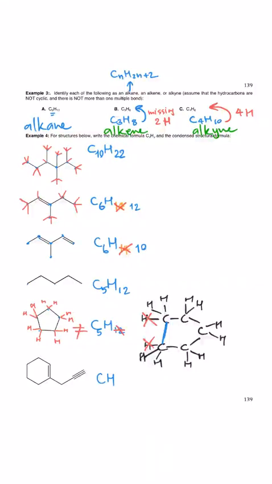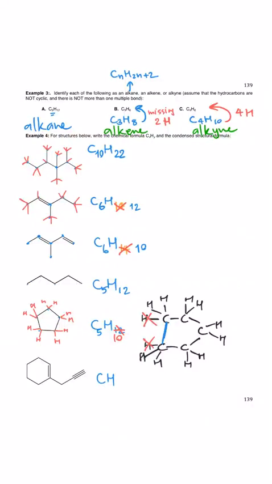Again, if you count the number of hydrogen, you will see there are 10 hydrogen, similar to this. So every time you introduce a ring, you need to get rid of 2 hydrogen.